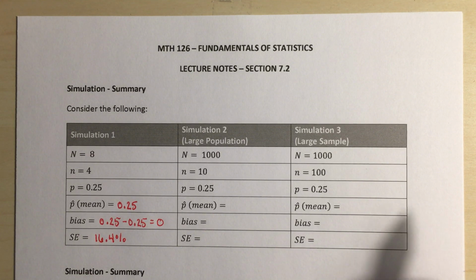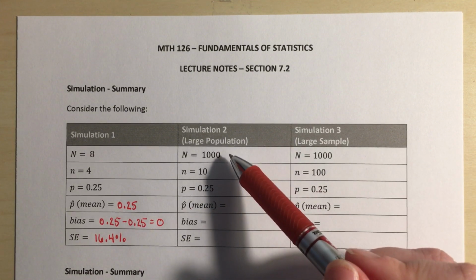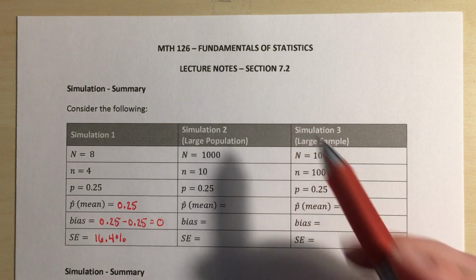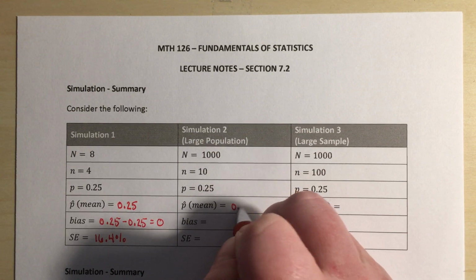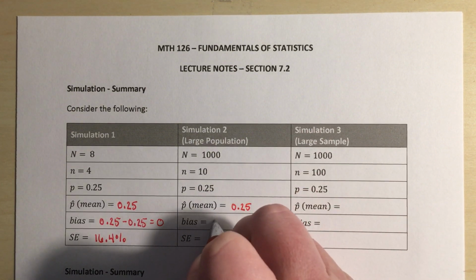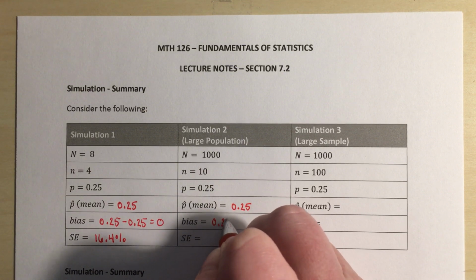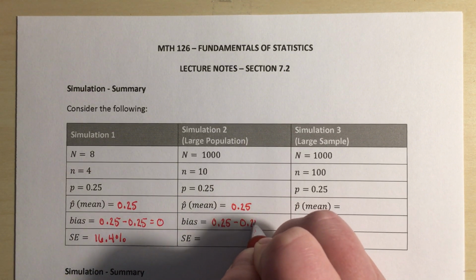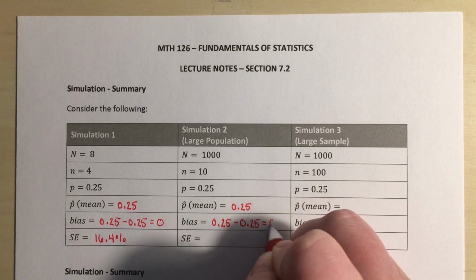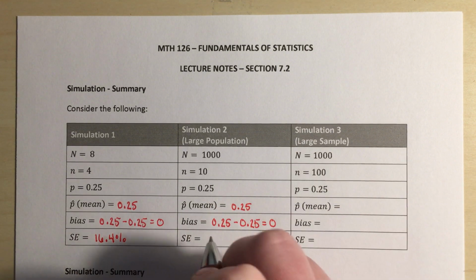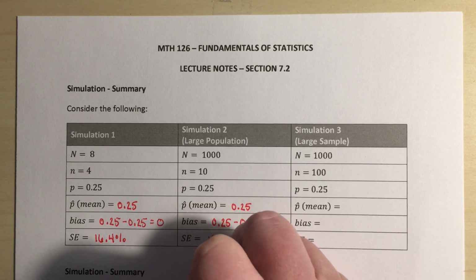In our second simulation, we had a larger population and a sample size a little bit larger. Our mean of our sampling distribution was 0.25, so again, this was an unbiased result. Our standard error in this case was 13.6%.